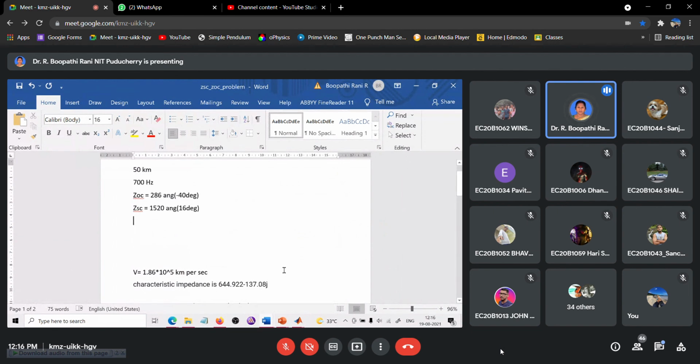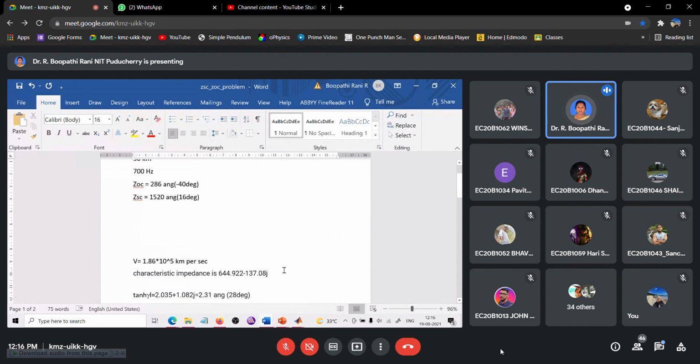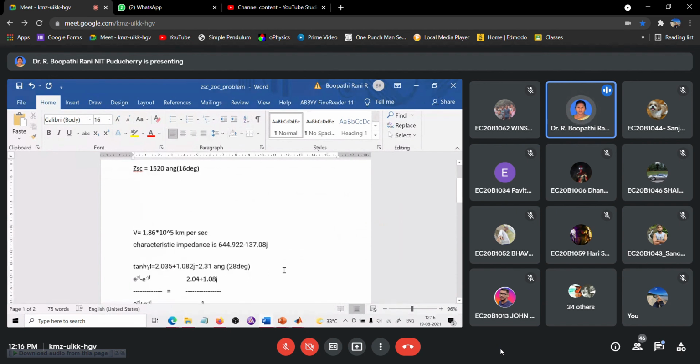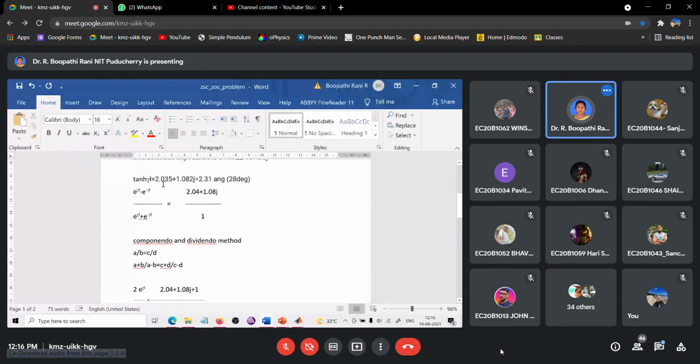While solving this, you need to solve this tanh inverse expression. At that time, while using the calculator, you need to follow the componendo dividendo method. You studied it in maths? Yes, ma'am. Okay.